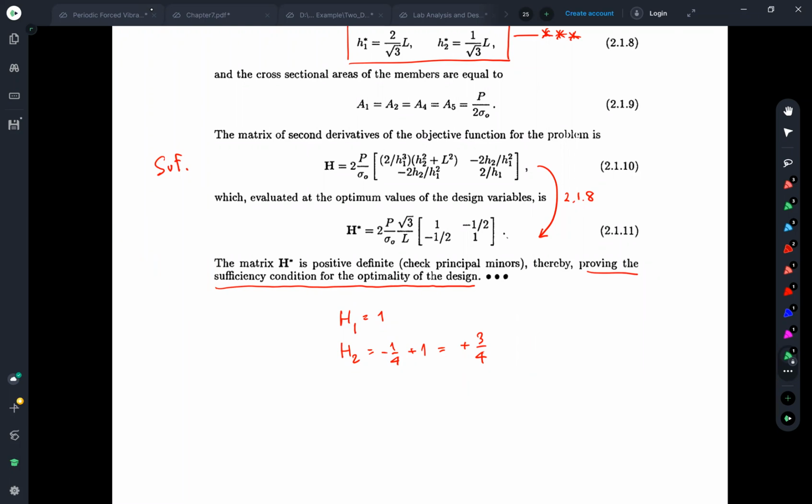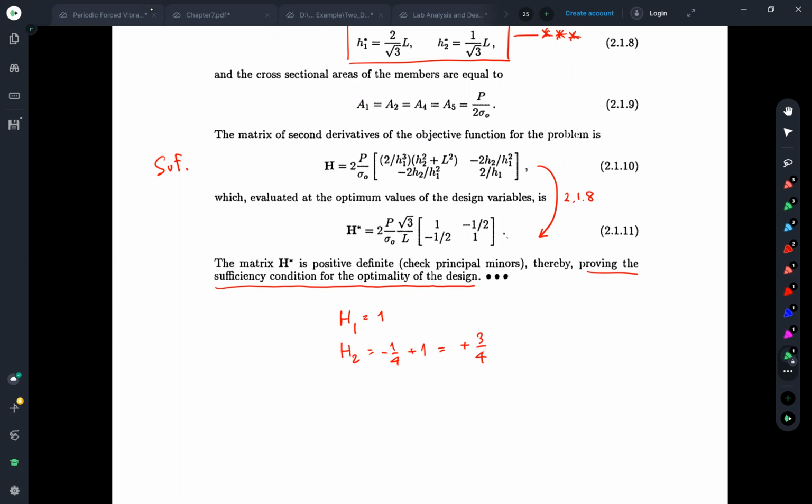But my feeling is I cannot. You don't have to trust me on this, I never proved it. I just look at the Hessian and feel that it depends on the values of H1 and H2. So sometimes if I plug in H1 equal to this number or that number, maybe a negative leading principal minor may occur. Therefore, I cannot conclude that the function in 2.1.10 is convex.